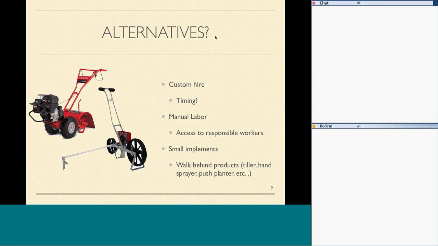The other alternative to purchasing equipment would be purchasing small implements, maybe a walk-behind tractor, or here I have pictured a walk-behind tiller or a walk-behind sprayer. These are very good alternatives. They do not cost nearly as much, but it's still a way of mechanizing your process without the large cost of purchasing a tractor and all of the implements that go along with the tractor.